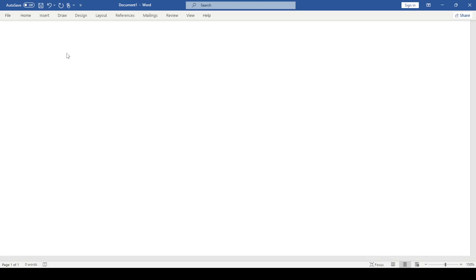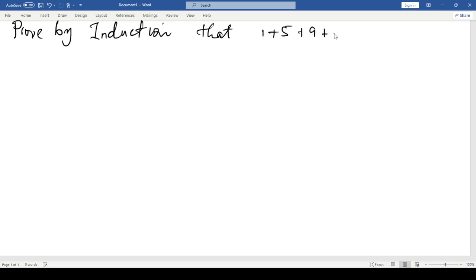Okay, show that or prove by induction that 1 plus 5 plus 9 plus ... plus (4n minus 3) is equal to n(2n minus 1).